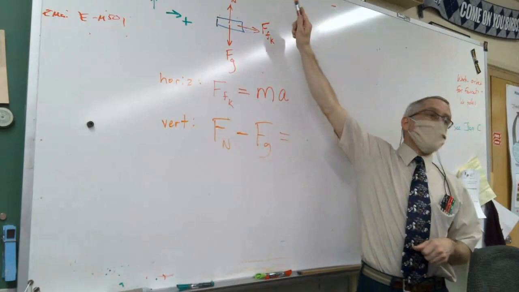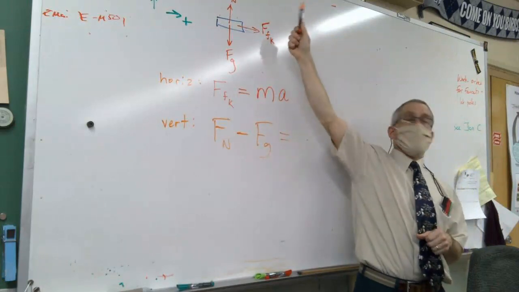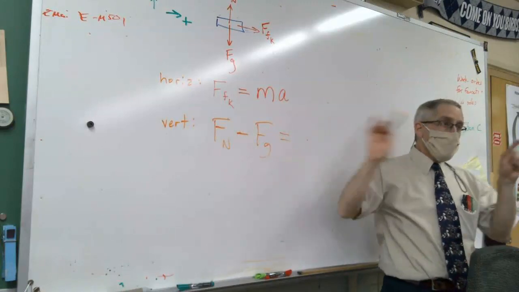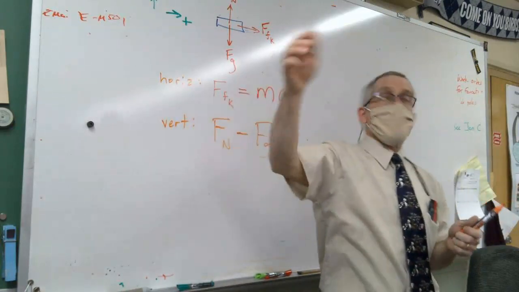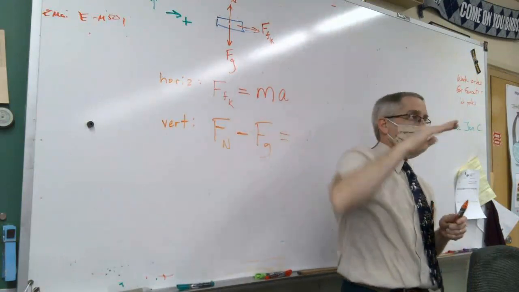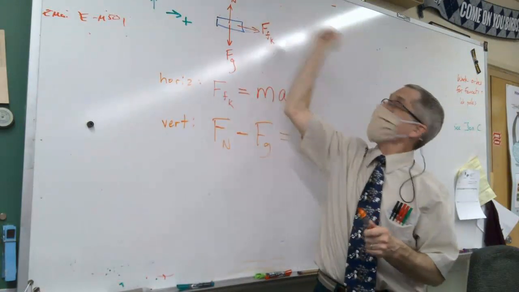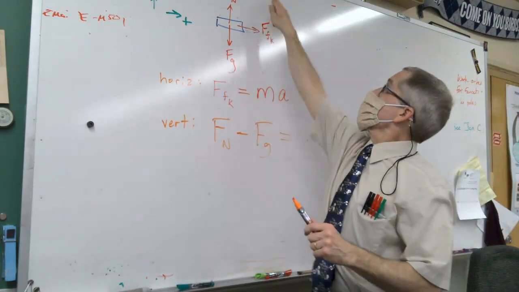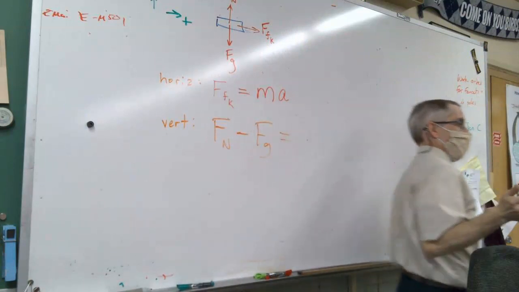Now, look back at the acceleration. Just because there's acceleration one way doesn't mean I have it in every direction. Remember when I went back and I said the reason we're establishing this direction is because I want one of my equations this way, and my other equation perpendicular to that. Perpendicular to this, there is no acceleration.